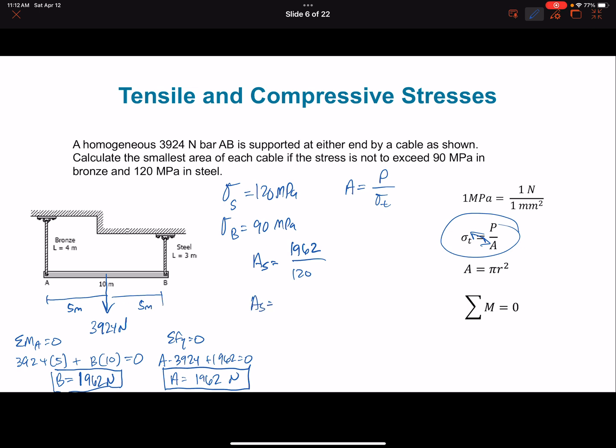Area of the steel is 16.35 millimeters squared. And I'll use the same formula for the bronze. Area of the bronze, same force, 1962 over 90, is 21.80 millimeters squared.